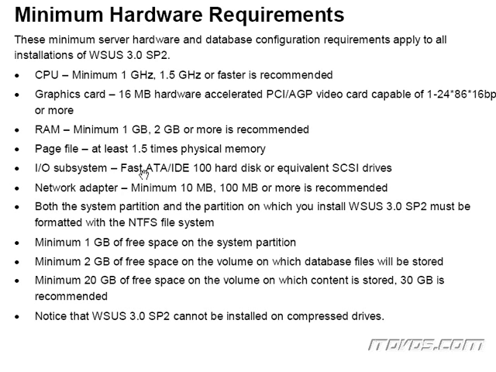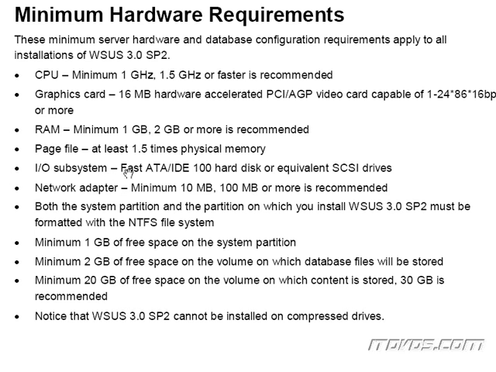First, let's take a look at the minimum hardware requirements, and this is just the minimum requirement. It doesn't necessarily mean that WSUS 3.0 SP2 is going to perform the way you want it. We'll talk about that in a second. First of all, you need a CPU with a minimum of 1 GHz, 1.5 GHz or faster is recommended, a graphics card of at least 16 megabytes hardware accelerated PCI AGP video, RAM at least 1 gig, 2 gig or more is recommended, a page file of at least 1.5 times the physical memory.